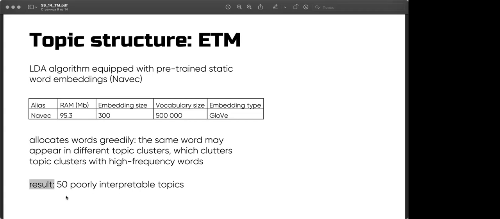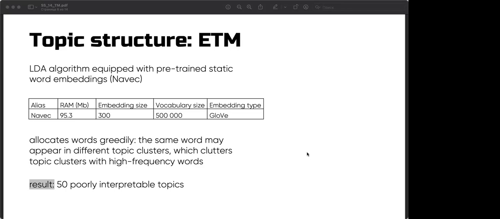I will just in a minute show you some of the topics that were created by the algorithm here. That is, again, the same algorithm as what they have in R there, and the negative trait of this particular implementation is that it does not take into account the idea of exclusionary word allocation.